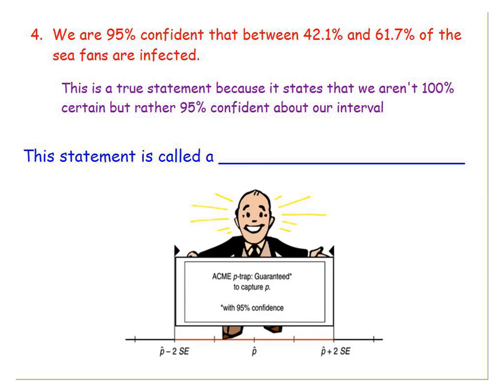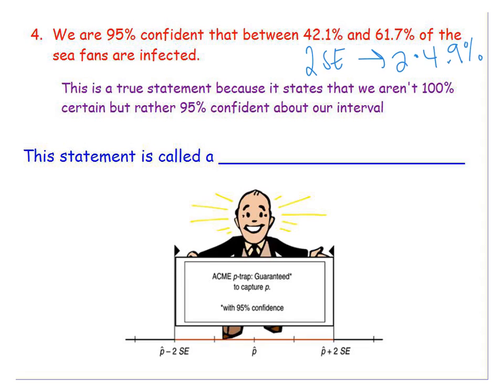That's the key important factor here. We're not saying 100%, we're saying 95% because 95% refers back to that 2 standard errors. Because we used 2 times the 4.9%, that right there is 2 standard errors. That's why we said 95%.